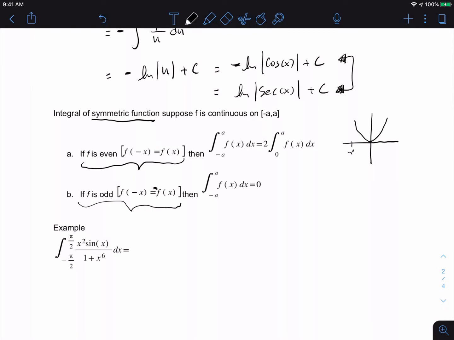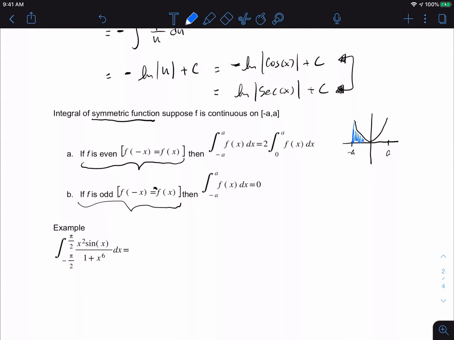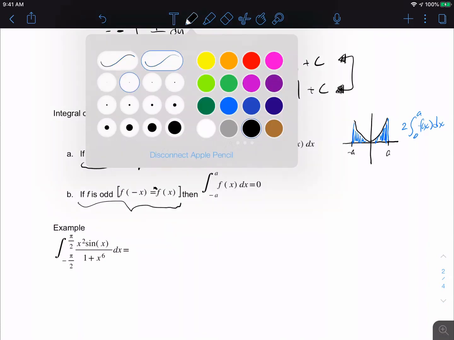If this is negative a and this is a, the area that we end up finding under the curve is the same on the right as on the left. And so what I can do is instead go 2 times the integral of f of x dx from 0 to a. Instead of doing it from one side to the other, I can use the symmetry as a tool and just deal with the right hand side.